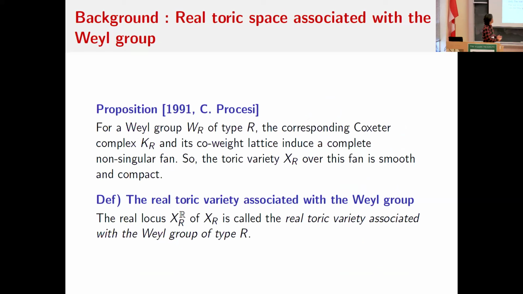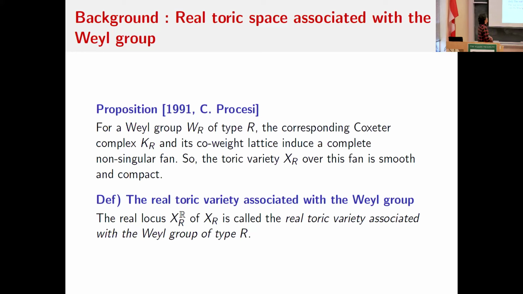As I said before, the Coxeter complex gives a complete non-singular fan. It is not only for type A, but also for every type of irreducible root system.